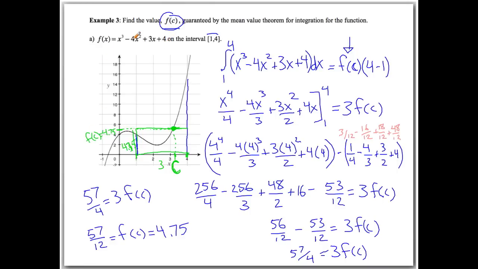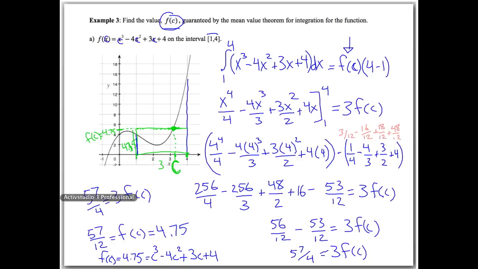So if we just replaced some of these values here, we would know that f of c equals 4.75, which would equal c cubed minus 4c squared plus 3c plus 4. So all I did there was substitute c in for our x values. And since I knew f of c equals 4.75, I can set these equal. Now, solving this might be a little bit tricky, but if we did solve it, we would get c.